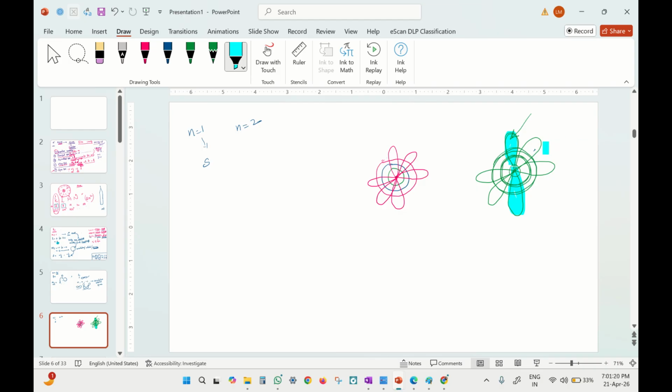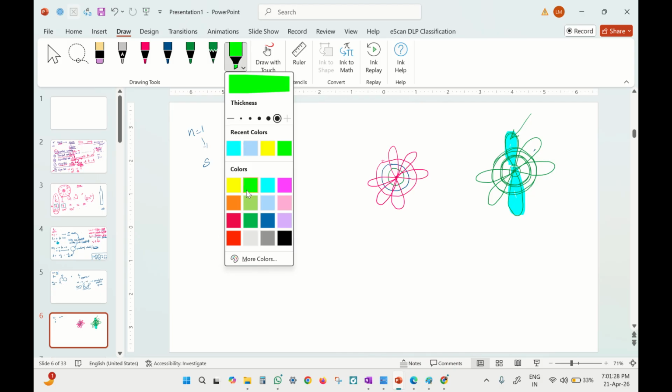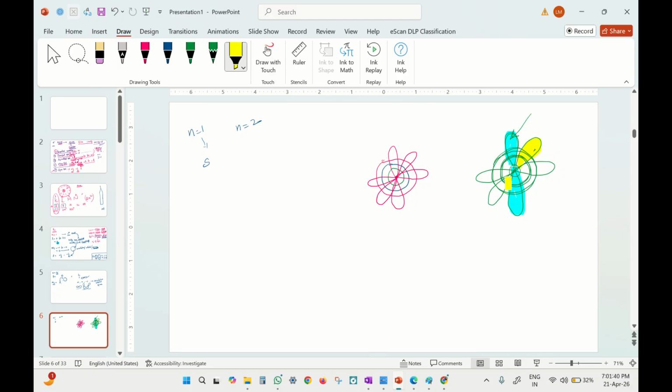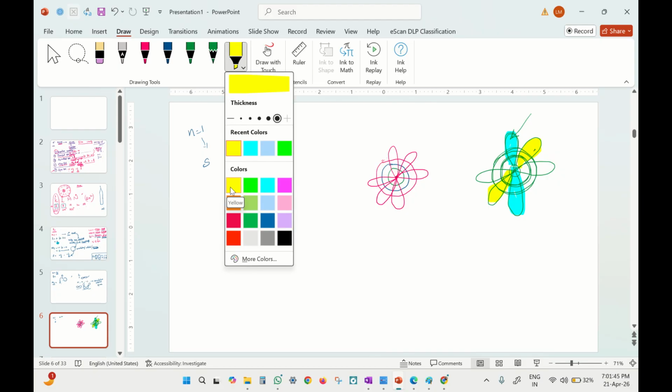An orbital can have a maximum of how many electrons? 2. So in this region, which I've shaded, 2 electrons. In this region, another 2, right? In this region, 2 more.